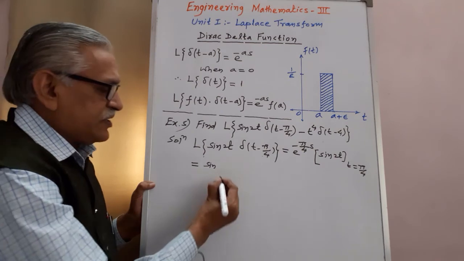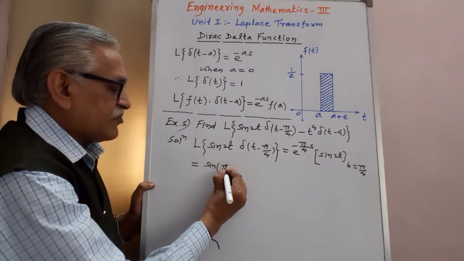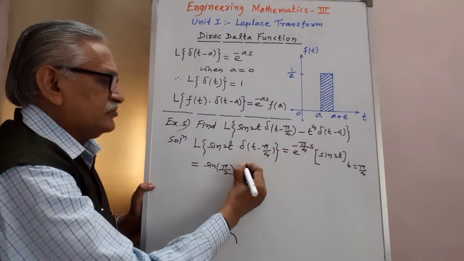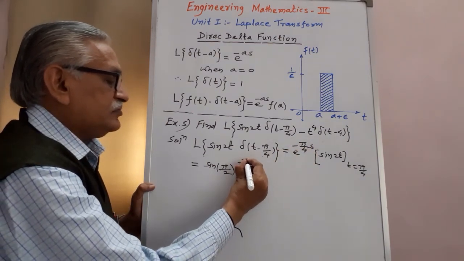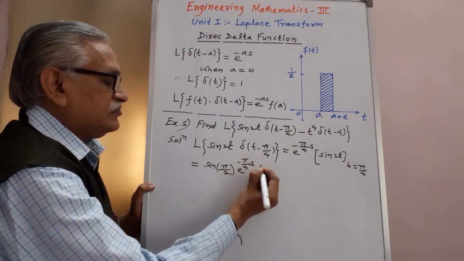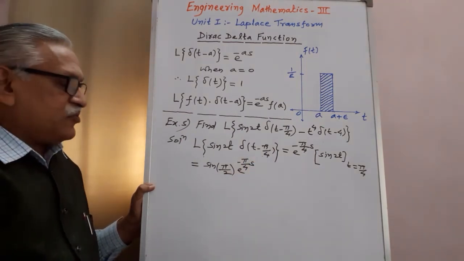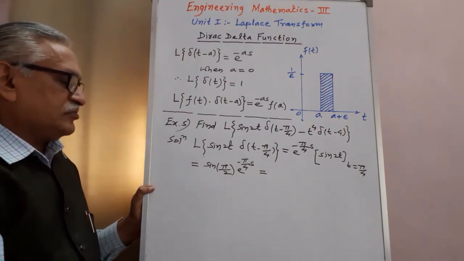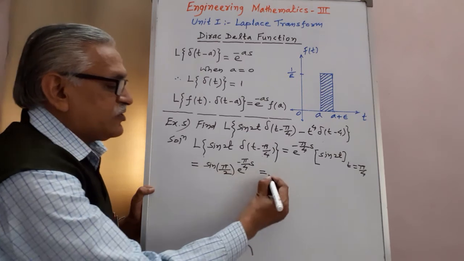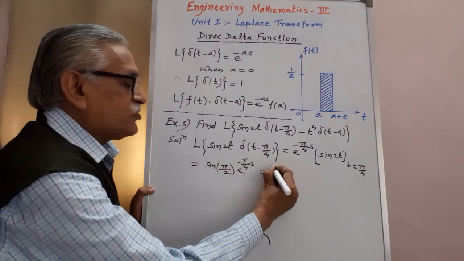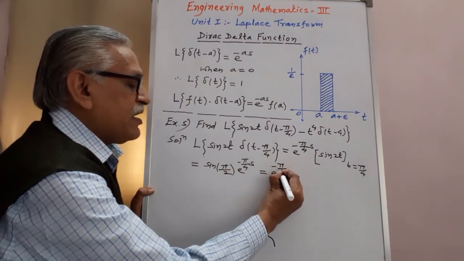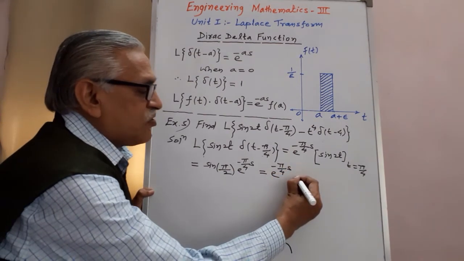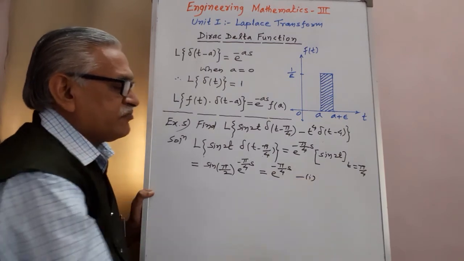The 2 gets cancelled, it becomes sine of pi by 2 into e raised to minus pi by 4s. And the value of sine pi by 2 is 1, and therefore it is e raised to minus pi by 4 times s. We call this equation 1.